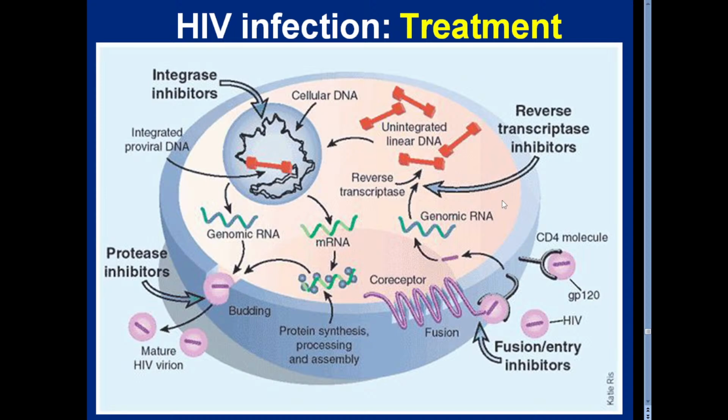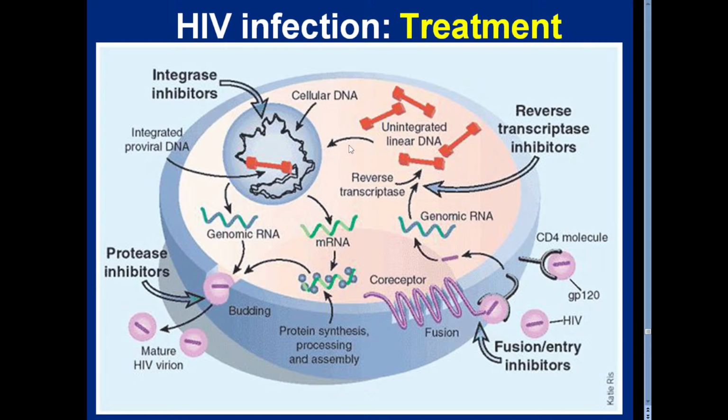Then, different targets are used for antiretroviral therapy. One of the first targets is reverse transcriptase. This group of drugs is called reverse transcriptase inhibitors because they act on the enzyme reverse transcriptase.